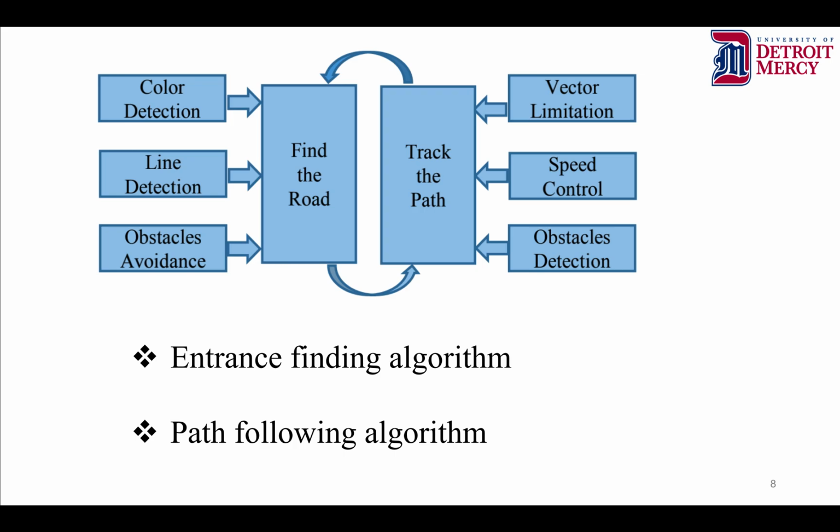This is the essential part. So the vector limitation is to maintain a proper distance from the yellow line, to make sure that the camera can capture the pictures and use this data to move the robot. Once we have this picture, we can do the speed control.